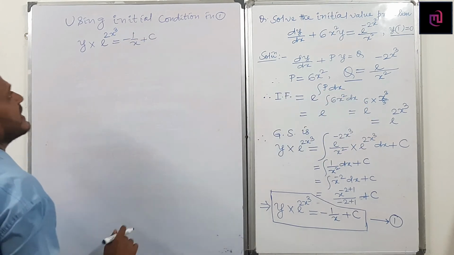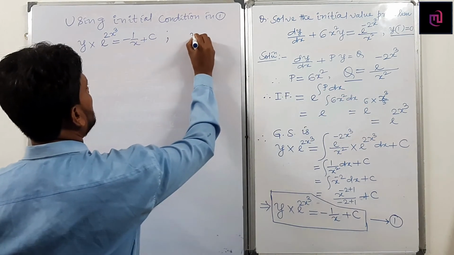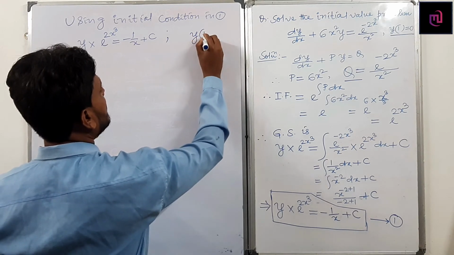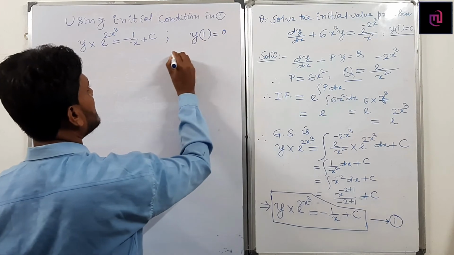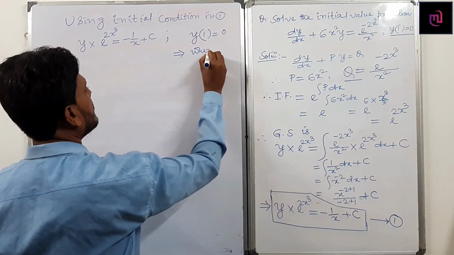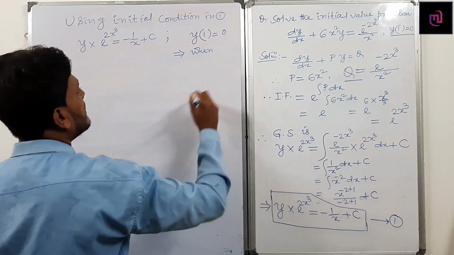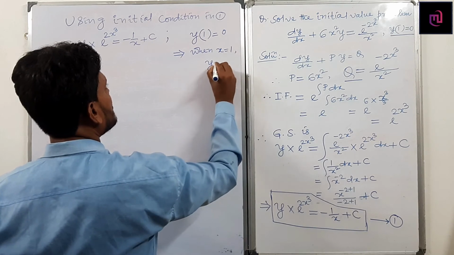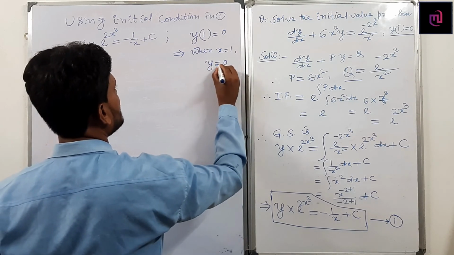What is the initial condition? What condition is given? Y of 1 equals to 0, which implies when x equals to 1, y equals to 0.